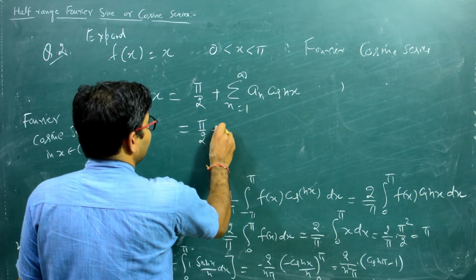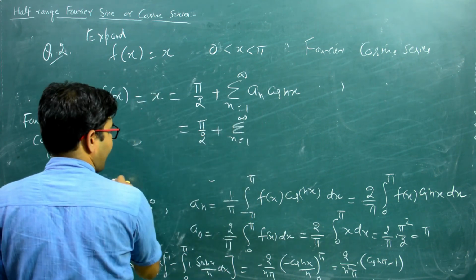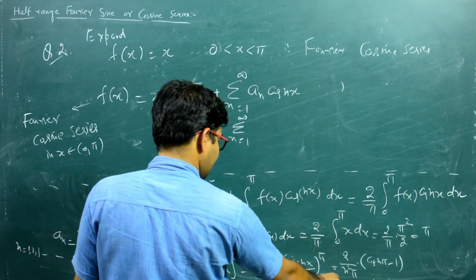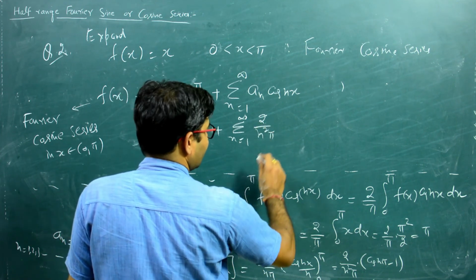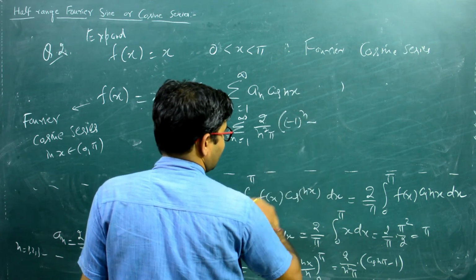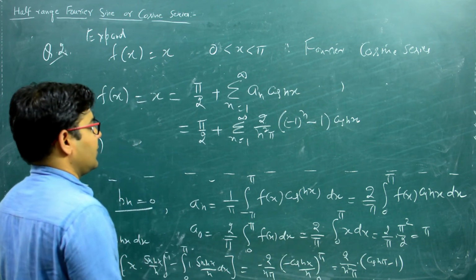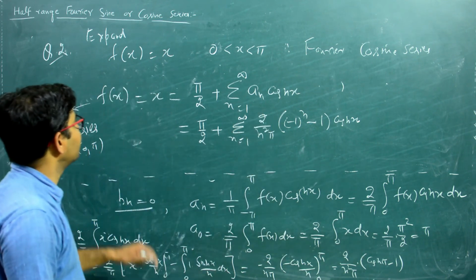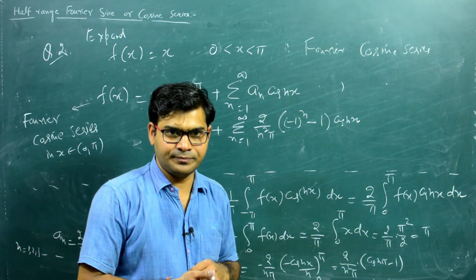So pi by 2 plus the summation n from 1 to infinity, where the an value is 2 over n squared pi times (cos n pi minus 1), which is (minus 1) to the power n minus 1, times cos nx. So this is the Fourier cosine series expansion of the given function f(x) in the interval 0 to pi. This is how we solve this problem.